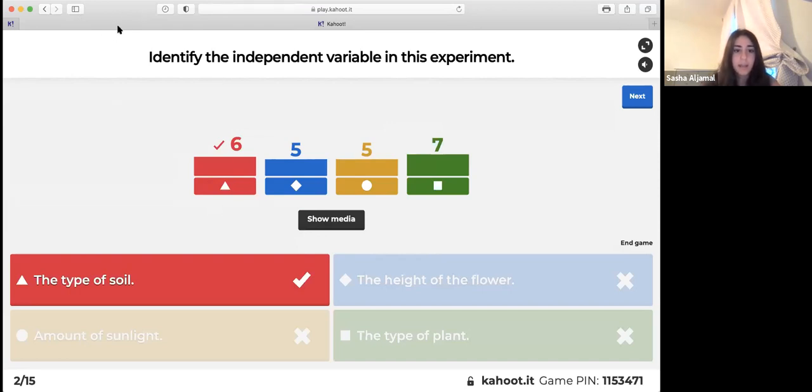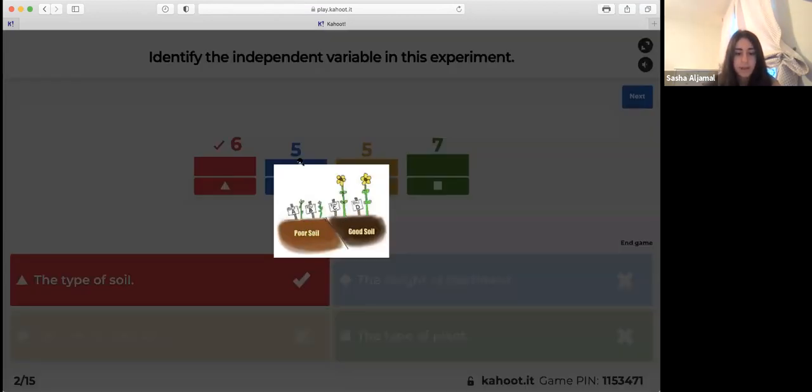So basically, an independent variable would be the type of soil, because as you can see, it's independent, it's on its own. It wouldn't be the height of the flower because that's the data you're getting, and it couldn't be the amount of sunlight because, as you can see from the picture, it's showing poor soil and good soil, so that's not what they're measuring.